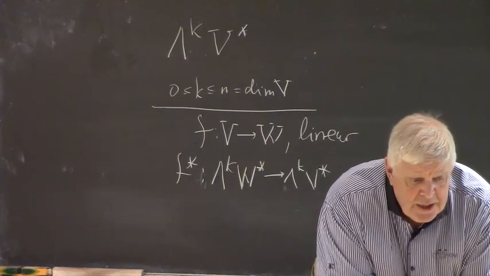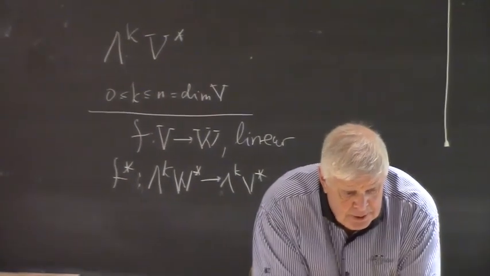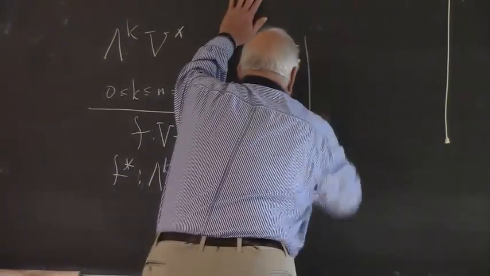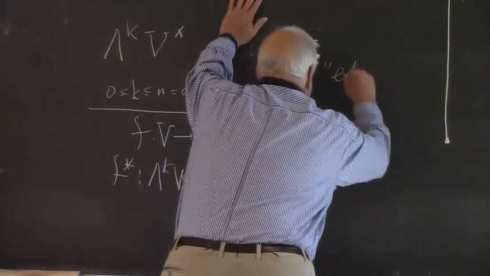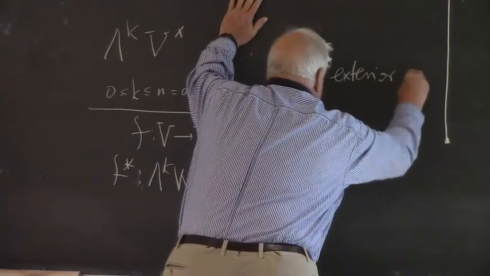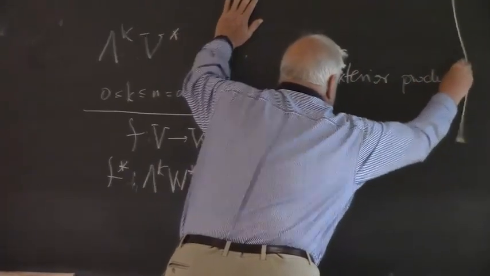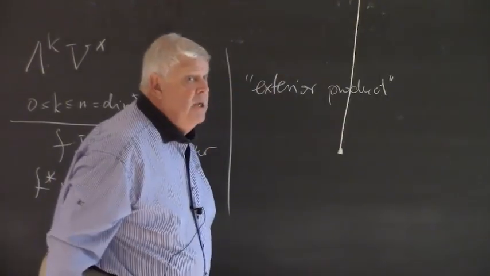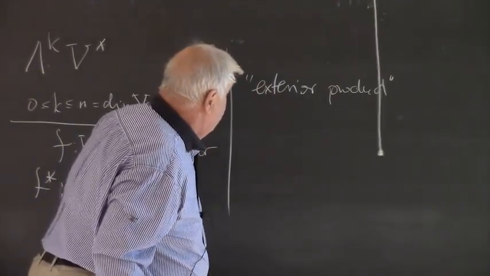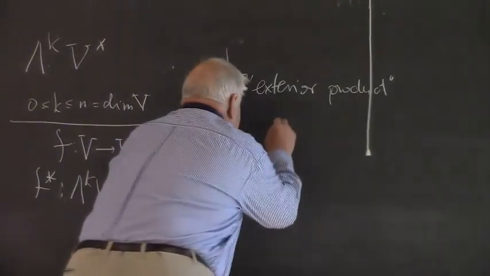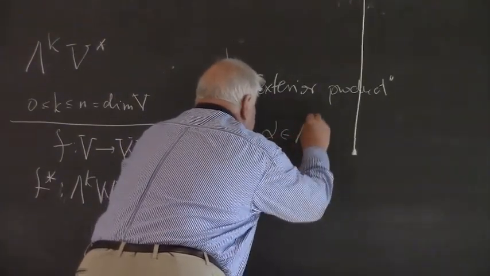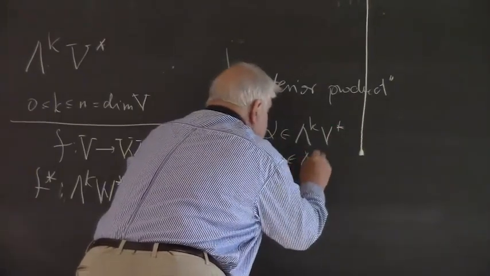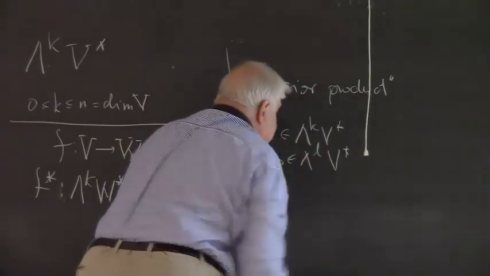And now one thing which I didn't mention last time, but which is very important. This is the so-called exterior product, also a linear algebra notion. We have two forms, alpha and beta. Alpha is in lambda k V star, and beta is in lambda l V star.